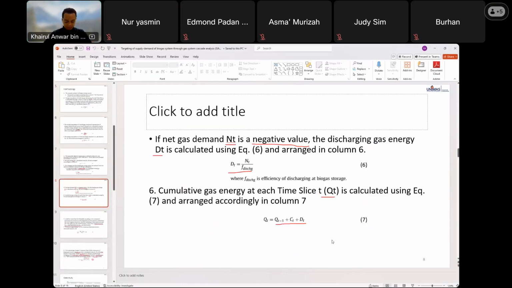Number 6. Effective gas energy at time slice t is calculated using equation 7 and arranged accordingly in column 7. All right, this is the cascading, the cascading in figure 4.